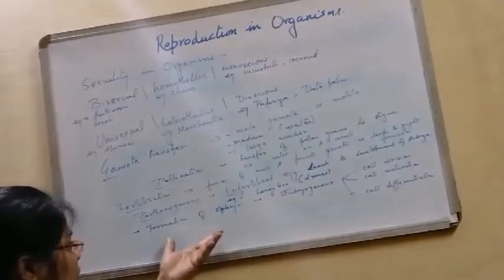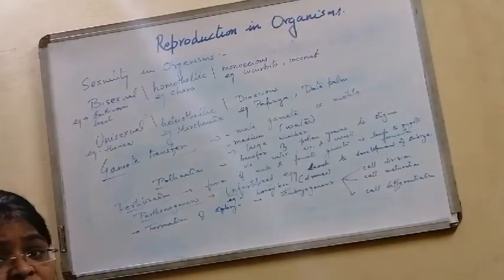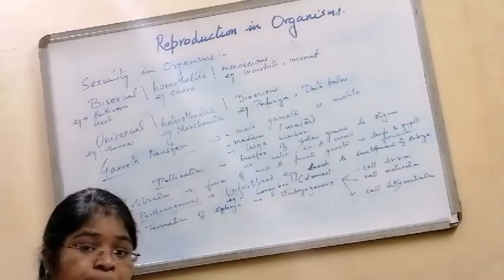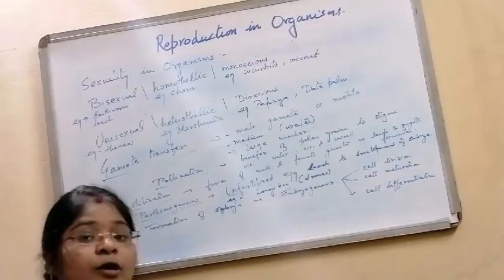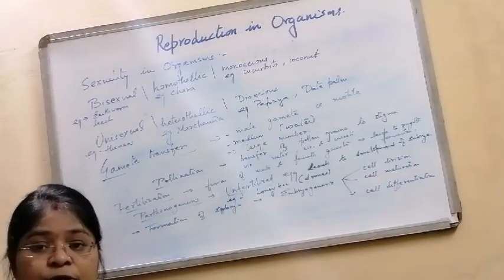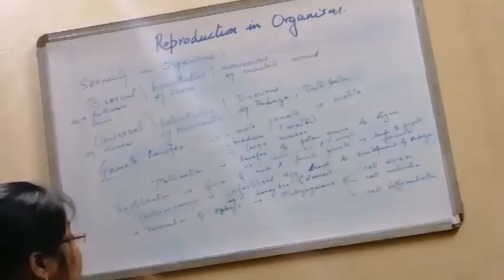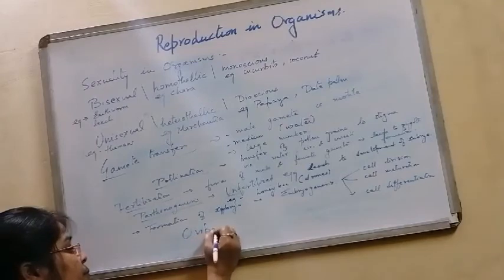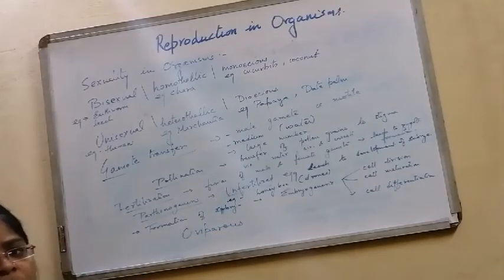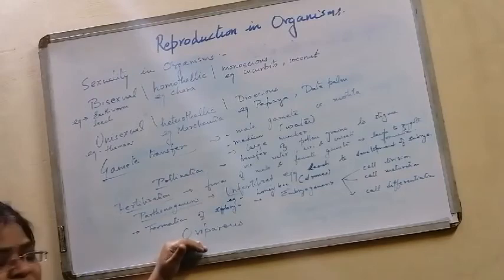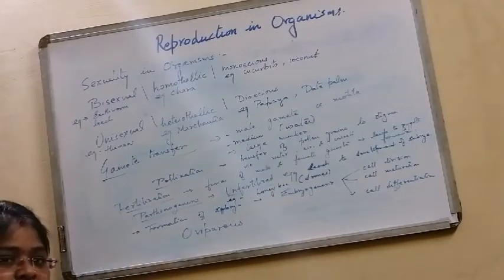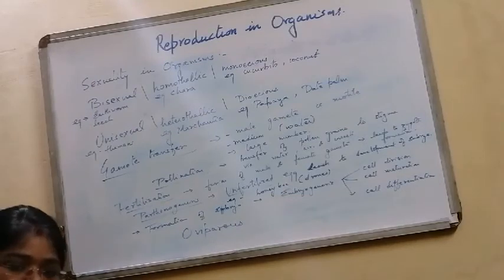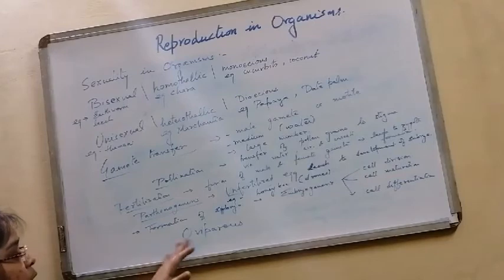Fine. Now, depending upon whether this embryogenesis takes place outside, where the egg is laid, or inside the mother's body, we divide organisms further into two categories. What are they? Oviparous. I'm not telling you something new, you have already read about them. In oviparous organisms, eggs are laid.